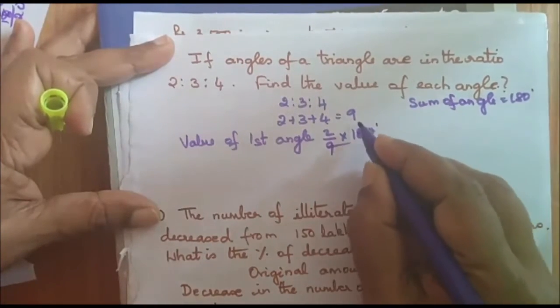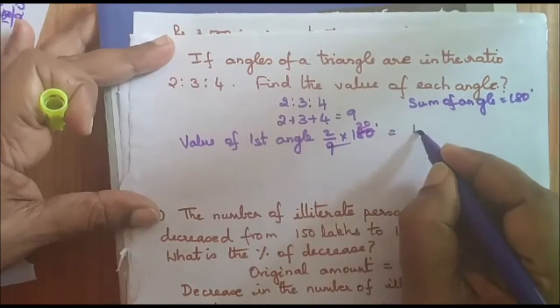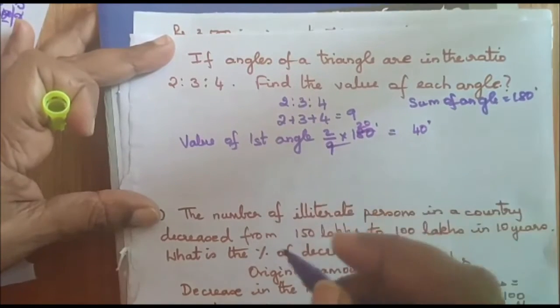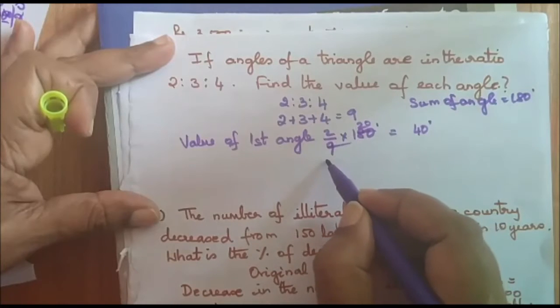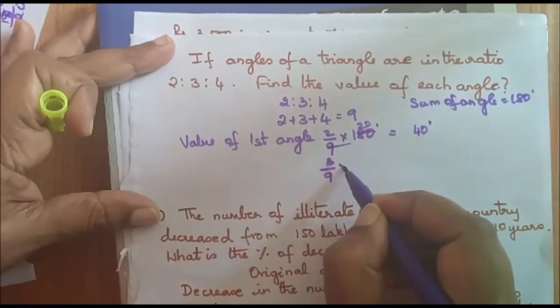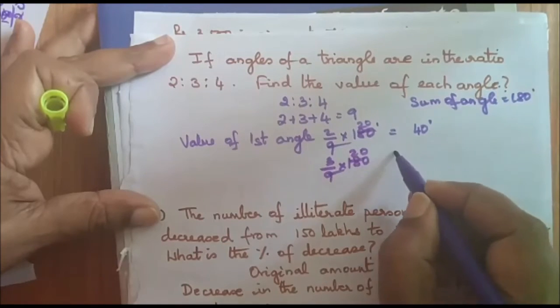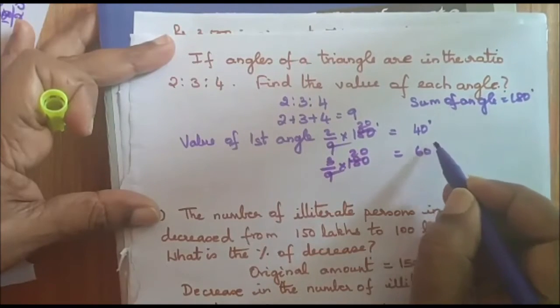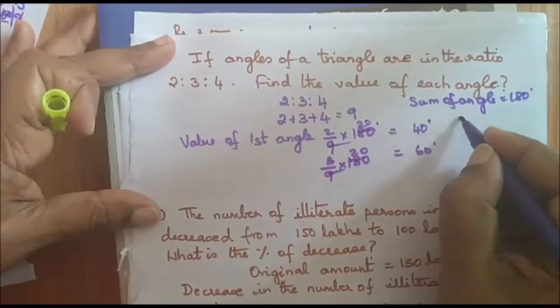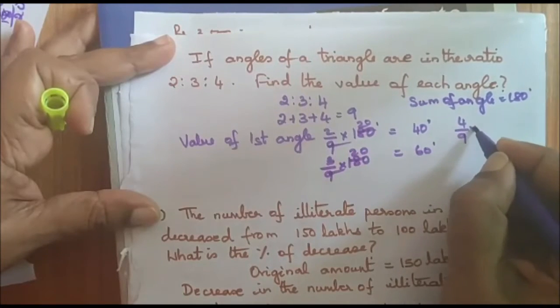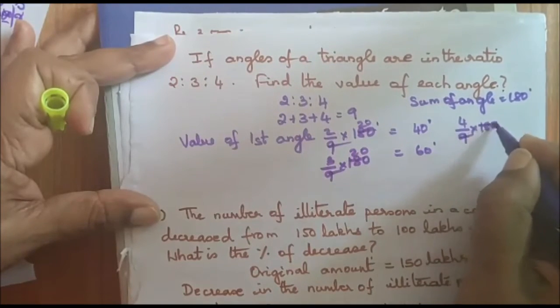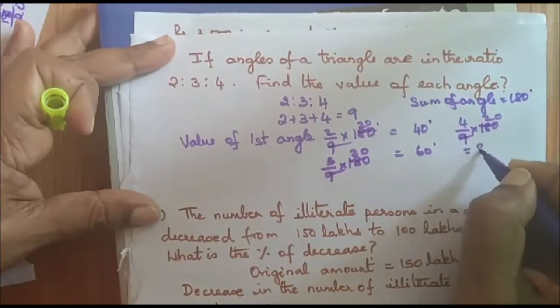So what is the value of one angle? It is 40 degrees. Similarly, 3 by 9 into 180 degrees is equal to 60 degrees. Now the third one is 4 by 9 into 180, which is equal to 80 degrees.